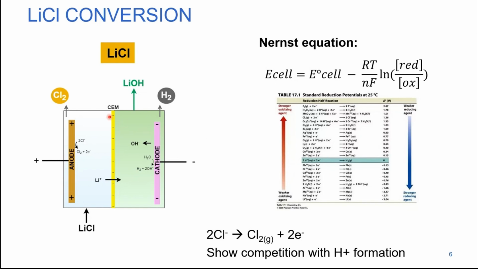Now, what's the benefit of that? That you will be producing chlorine gas that will leave your solution, and at the same time, you will not be forming any protons. So you will only have lithium in your solution, and then lithium can go over your membrane, and you will have a pure and super efficient process to produce lithium hydroxide.